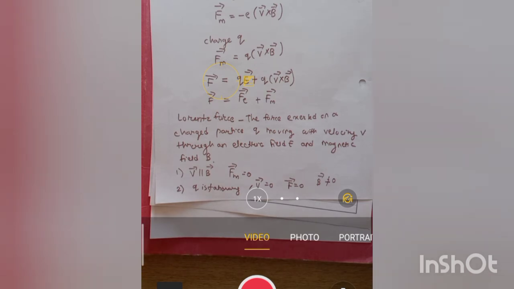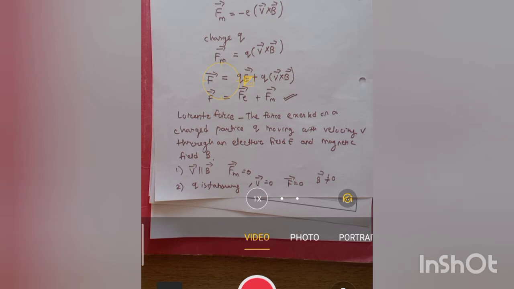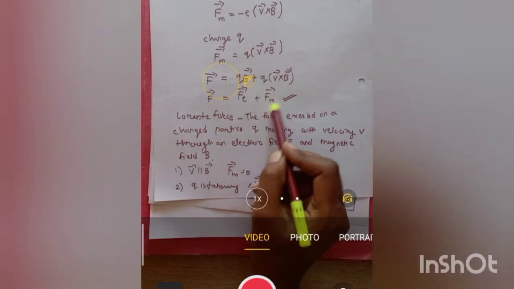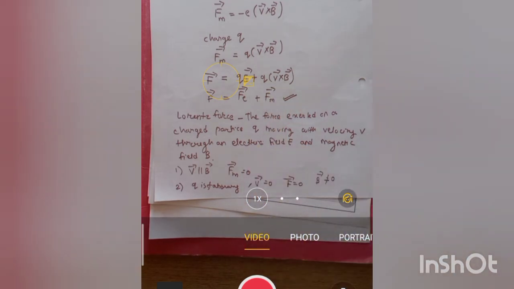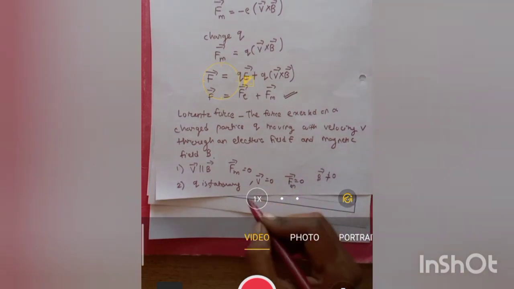From this equation we can say the force on the charge due to the electric field depends on the strength of the electric field and the magnitude of charge. The magnetic force depends upon the velocity of charge.